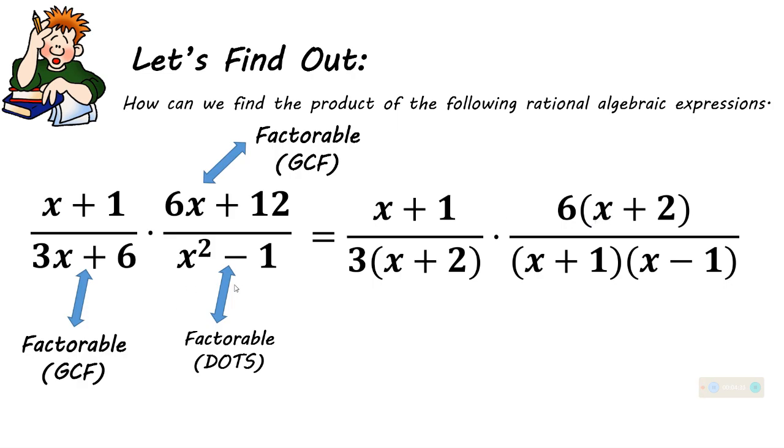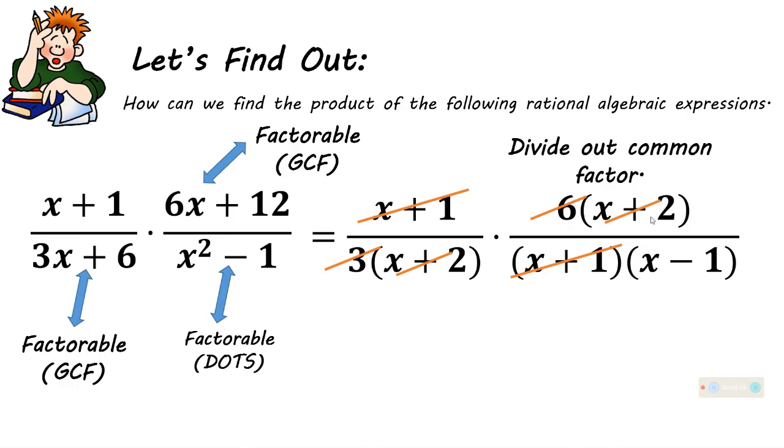And since our second denominator is under DOTS, the factors are x plus 1 times x minus 1. Then, divide out or cancel out the common factors. So you can cancel out x plus 1 on the numerator and denominator. Then, 6 and 3, so we are left with 2. Then x plus 2 is also common.